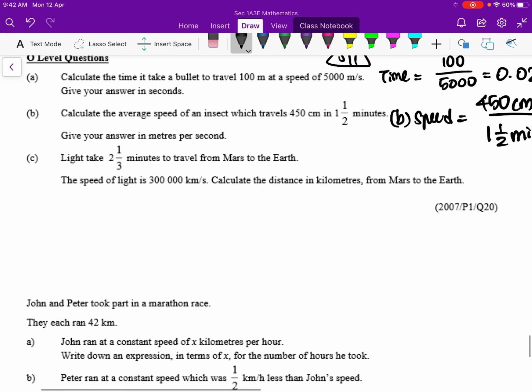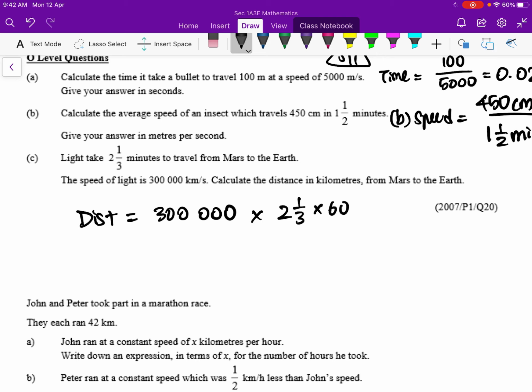Next, light takes 2 1/3 minutes to travel from Mars to Earth. The speed of light, 300,000 kilometers per second. Calculate the distance. So distance, DST, distance equals speed times time, 300,000 times the time. So 2 1/3 times 60, because our speed was in seconds.